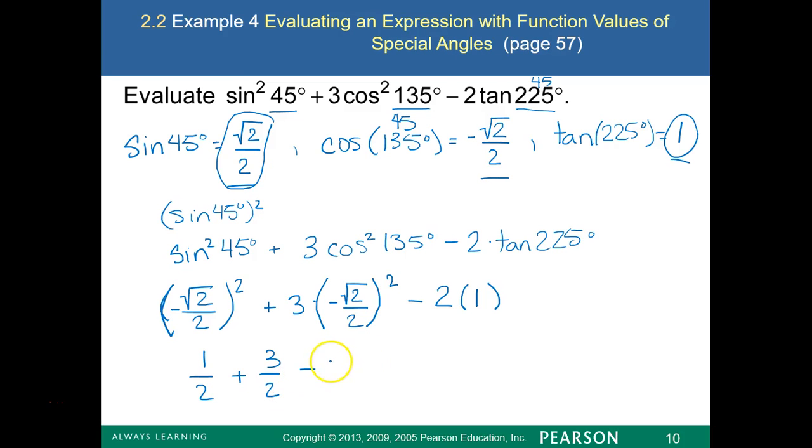And then subtract 2. And what you end up with, well, 1/2 plus 3/2 gives you 2. So 2 minus 2 is 0. And there we go. That's how you evaluate something like this.